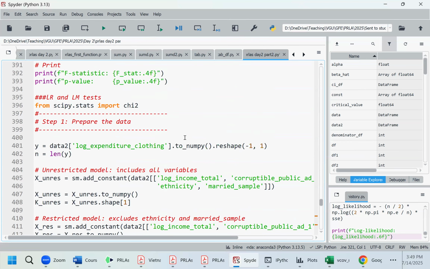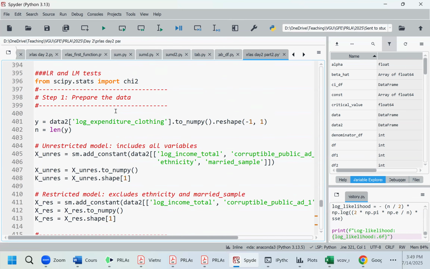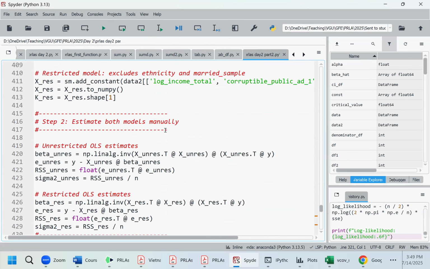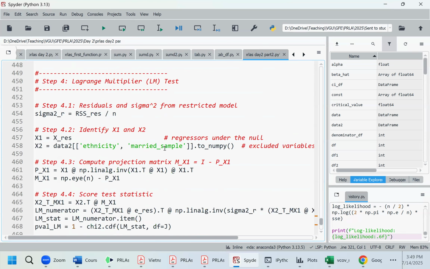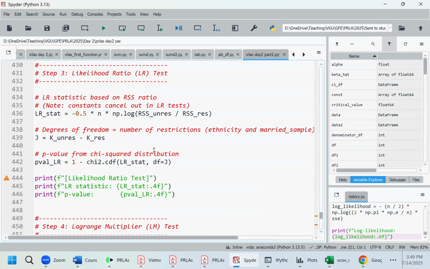Unrestricted estimates. Okay. So I have prepared the code for the LM and the LR test here, right?